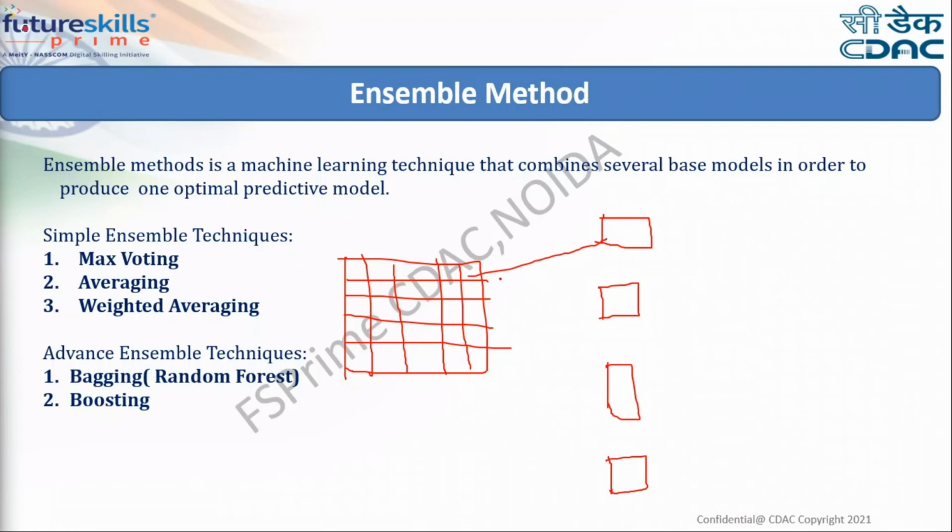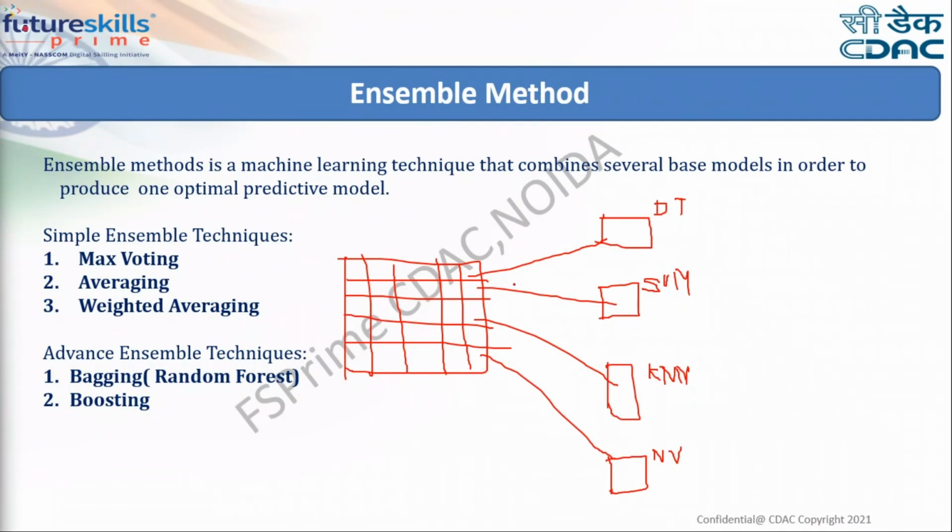One thing is, if I'm using different algorithms, here I'm using decision tree, here I'm using SVM, here I'm using KNN, and after that let's suppose some other algorithm, let's suppose naive Bayes. If I have different algorithms, what I can do is give the complete data set to these models. Now this I can do.